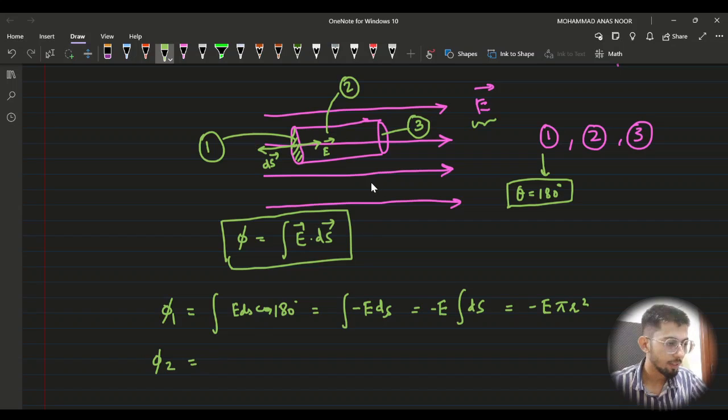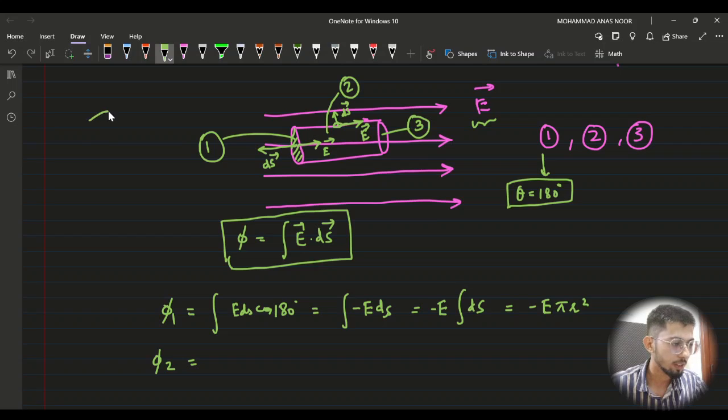For this, take this edge of the cylinder. This is a curved surface, and the electric field is gliding on it in this direction, but you can easily find that ds would be pointing outwards at every point. See, this is a curved surface, so ds, the unit area vector, would be outwards.